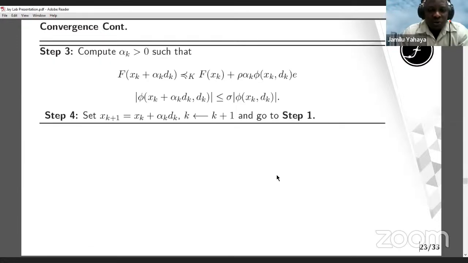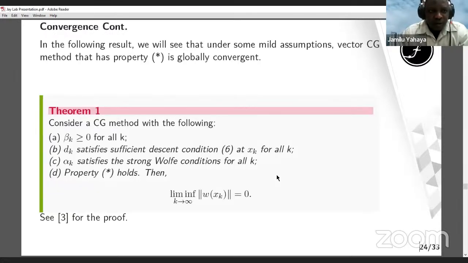using the strong Wolfe condition. This theorem gives us the convergence of PRP, HS, and LS. The theorem says that when you have beta K positive for all K, and d_k is a sufficient descent direction, while in the case of PRP, d_k is a descent direction, and alpha satisfies the strong Wolfe condition for all K, then Property Star holds.